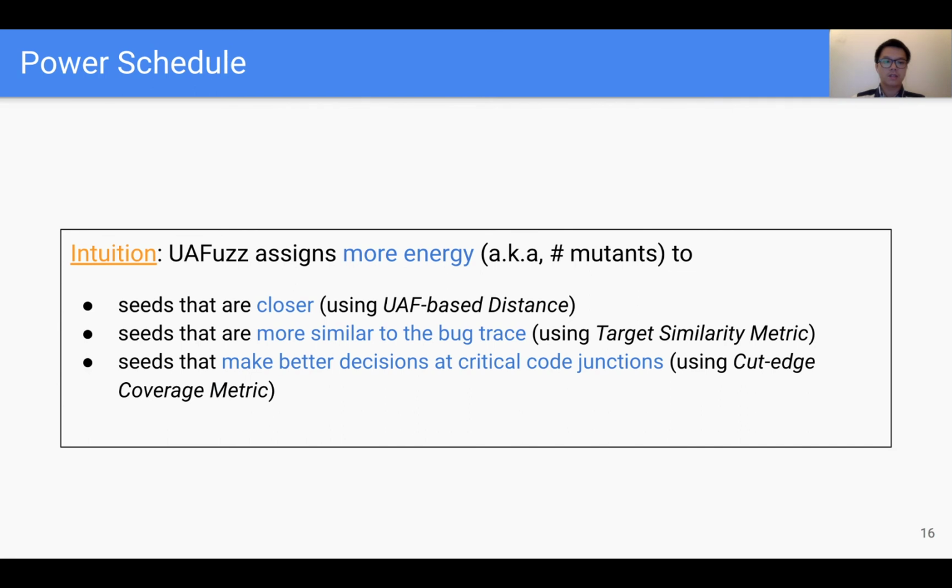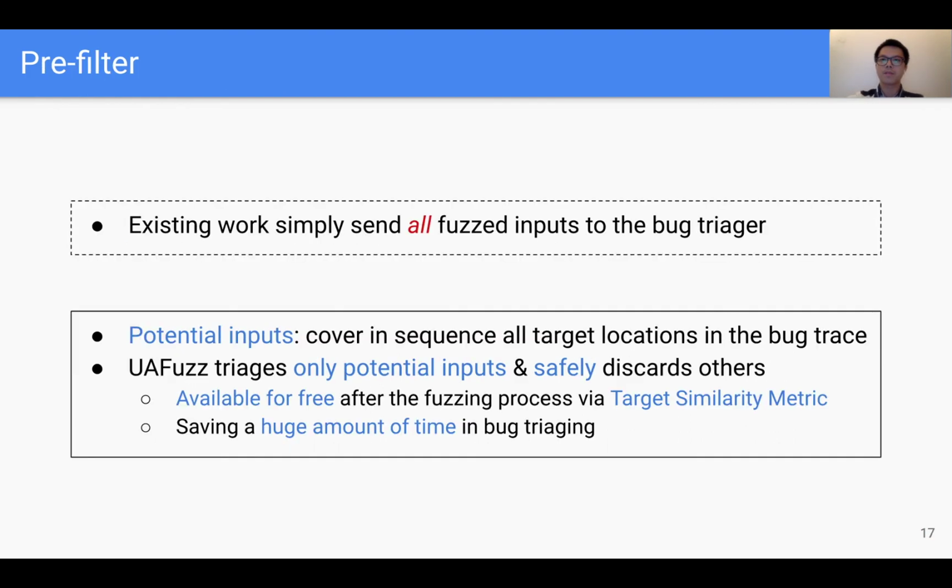And finally, inputs that make better decisions at critical code junctions using our cut-edge coverage metric. And then for the triage process, UAFuzz triages only potential inputs that cover the target locations in sequence in the bug trace. We obtain this kind of information for free via our target similarity metric.